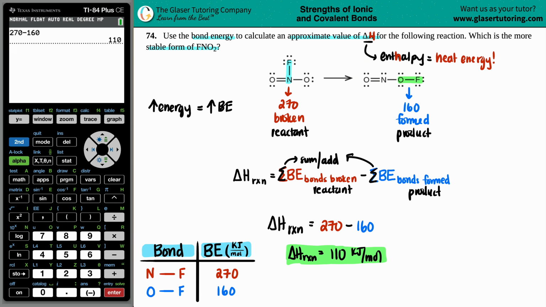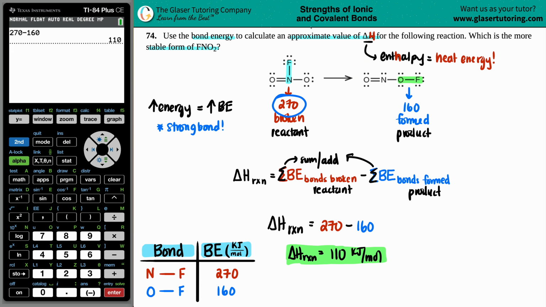It's really, really hard to break that bond. So if you have a high bond energy, that means that bond is particularly strong. And if you have strong bonds in your molecule, strong bonds means more stable. So there's one way to figure out which form is more stable.